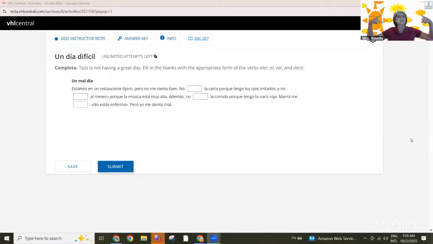Remember those little sideways marks, these are the quotation marks. So when someone's talking, that's what you're going to see, right? So what does the mom say to her? No estás enferma. What does the mom say? You're not sick. No estás enferma. Pero yo me siento mal, but I feel bad.